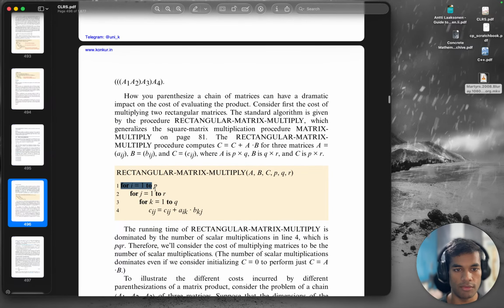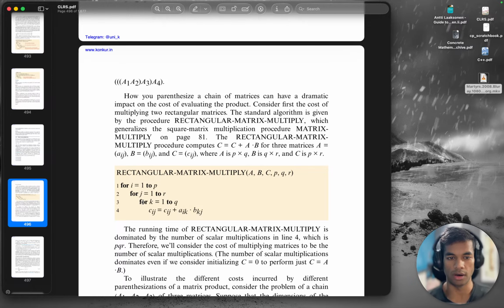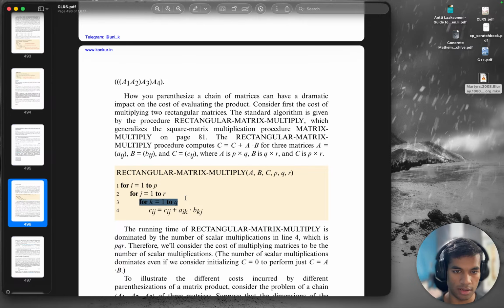So P is the number of rows in A. For every row in A, you are going through every column in the second matrix B, and individually for that column you are going through every row and column in A and B. Q represents a column in A and it also represents a row in the B matrix.